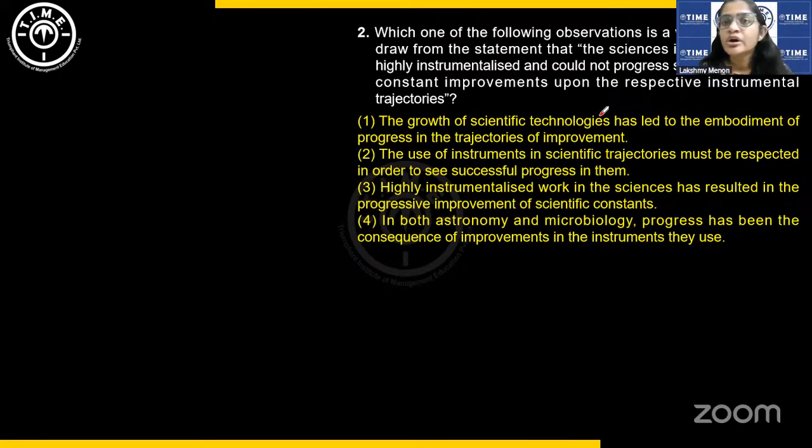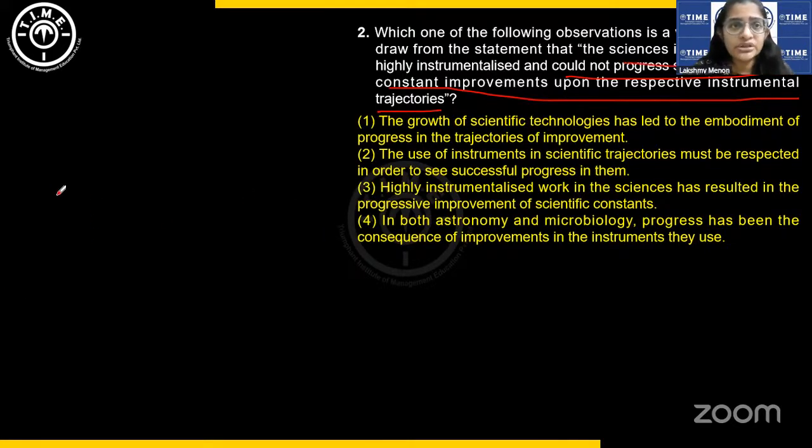A valid conclusion to draw from the statement that the sciences involved are today highly instrumentalized and could not progress successfully without constant improvements upon the respective instrumental trajectories. Isn't this easy to understand if you have read the passage? What are they saying? The sciences involved. Which sciences involved?